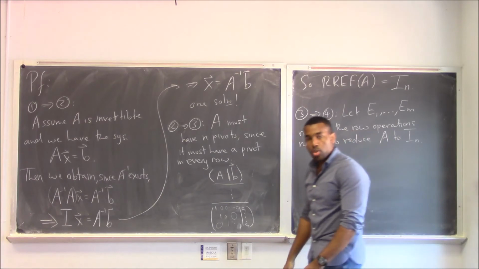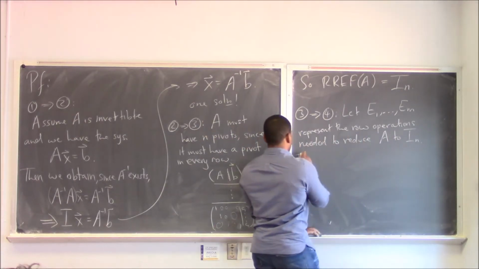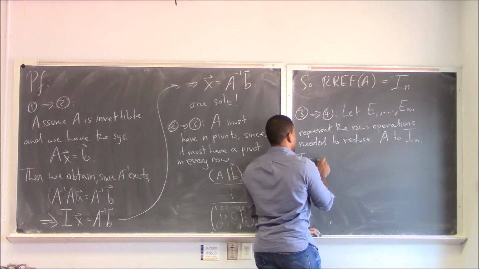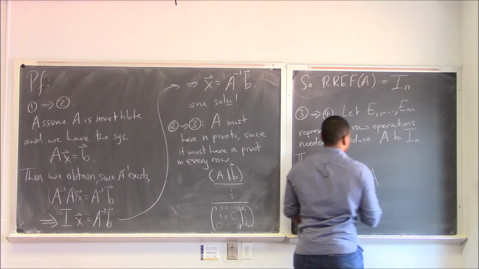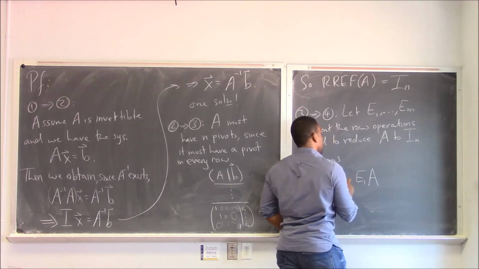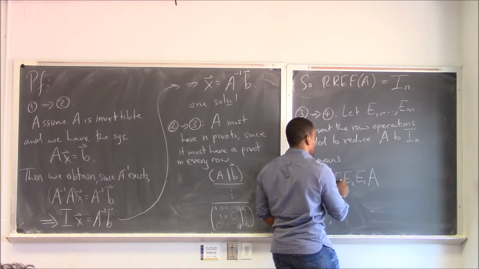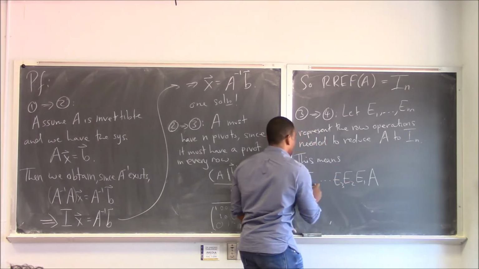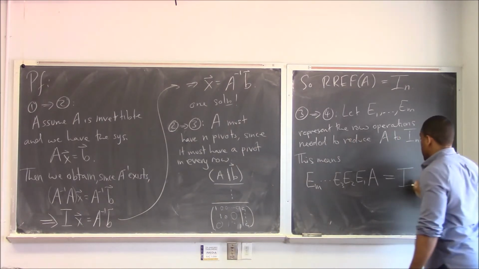Now we know that each row operation is just multiplication by an elementary matrix. This means that if I take A and I apply E1 to it, that's me doing a row operation. Then I do another row operation, then another, and I do a bunch of row operations. If I do m of them, ultimately that results in the identity.